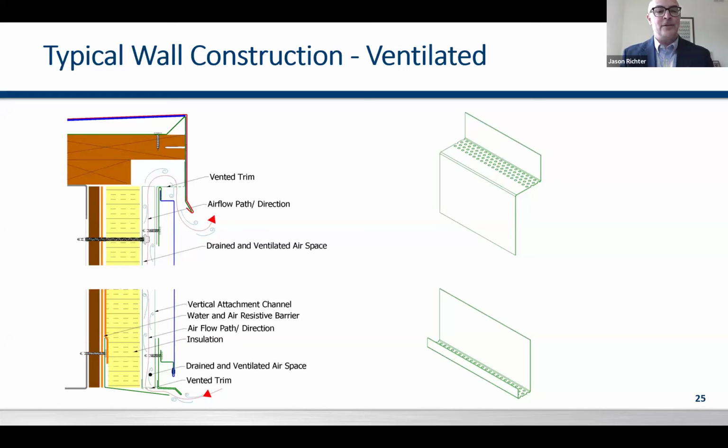That creates a vapor condition that, as we all know, warm air rises, vapor rises, and if you don't have this ventilated airspace at the top for that moisture to weep out as vapor, it'll take longer for the building to dry out and could contribute to the long-term health of the building.